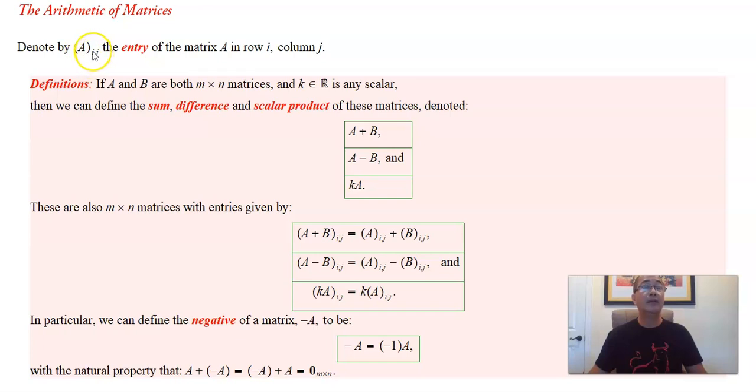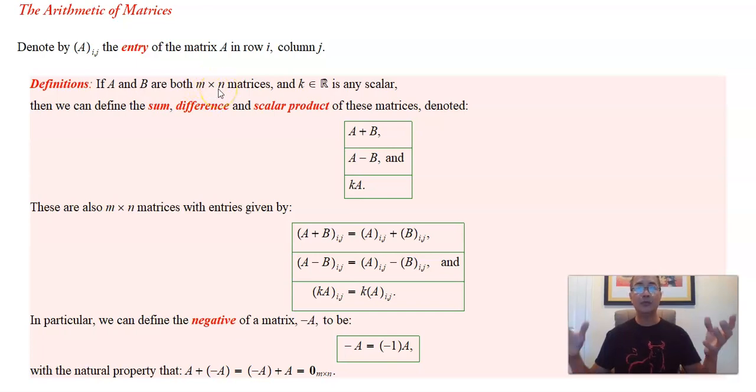And the symbol means you give the entry of the matrix A, which is found in row i, column j. So we have two matrices A and B, and they must be the same size, m by n.